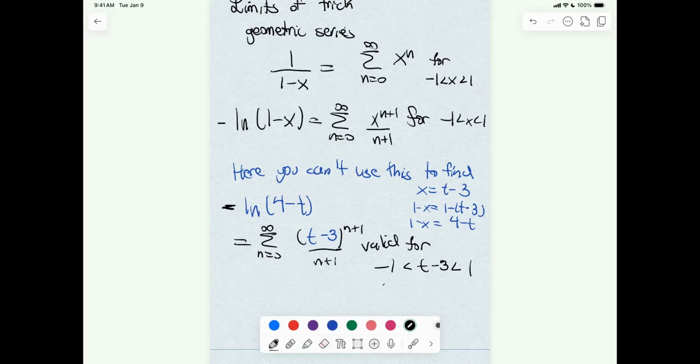Two less than t less than four, so t is between 2 and 4. Anything else, if for whatever reason you wanted to find it somewhere else, you cannot reuse this particular Taylor series. You either have to find it from scratch or do something else.